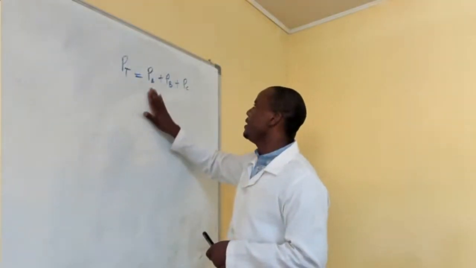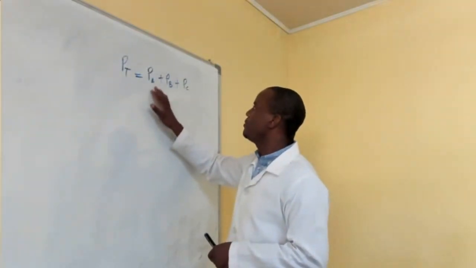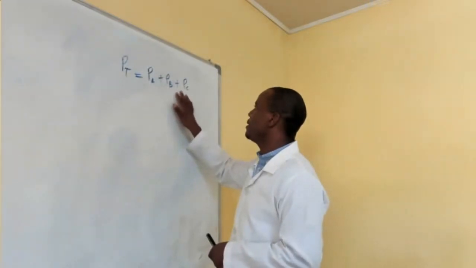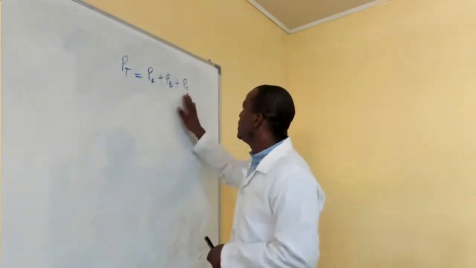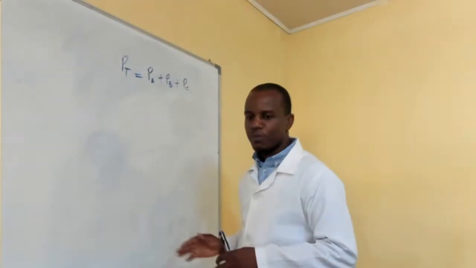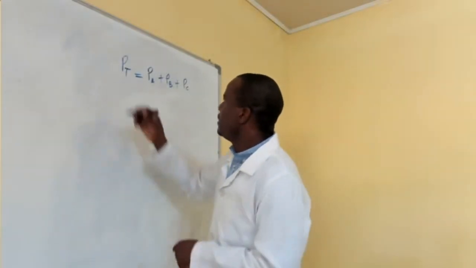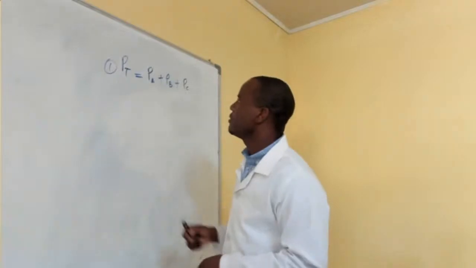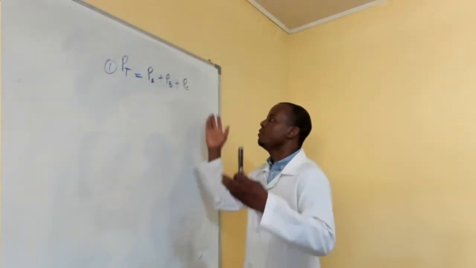The A is a subscript, the B is a subscript, and so on and so forth. These are just representing the partial pressures. So this is one way you can calculate the total pressure within the container.